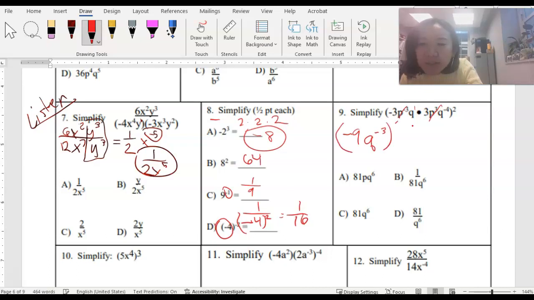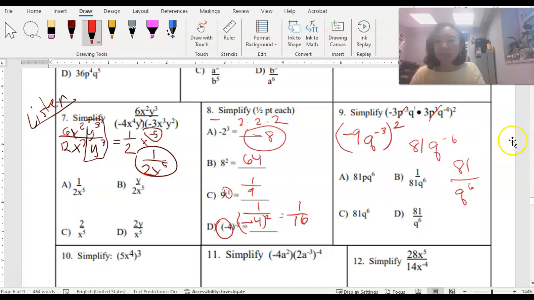And that whole thing then is going to be squared. So here I'm going to go ahead and do negative 9 squared first. Okay, negative 9 squared gives us 81. And then we have q to the negative 3rd power, times 2, will be q to the negative 6th power. So this will become 81 over q to the 6th power. Okay, because that negative is going to put that in the denominator.